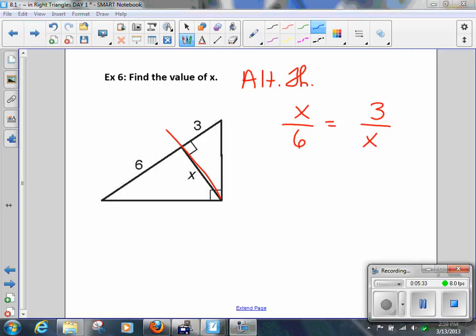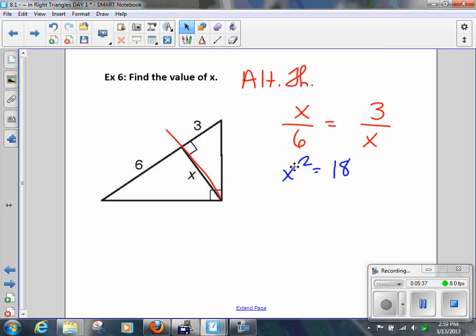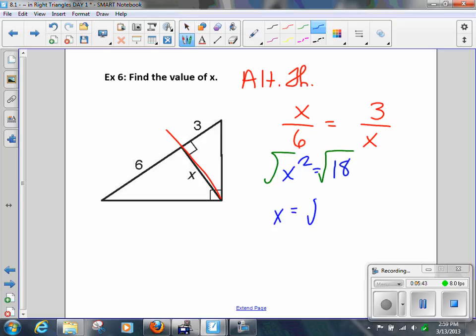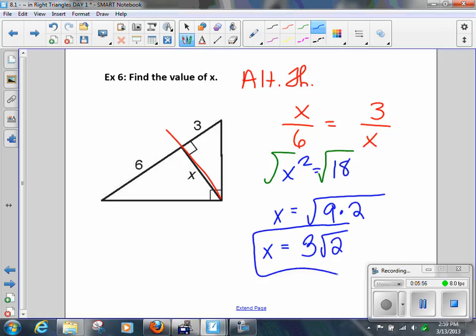What's X times X? 6 times 3. Now how do I solve for X? Square root of both sides, folks. What is it? 9 and 2. What's the square root of 9? Where does it go? What about the 2? It stays in the house. How many of you had 3 root 2? Rock on. High five, y'all. Very, very good.